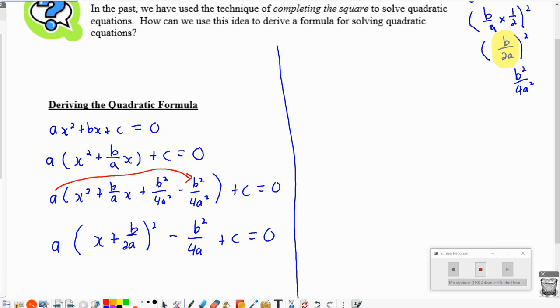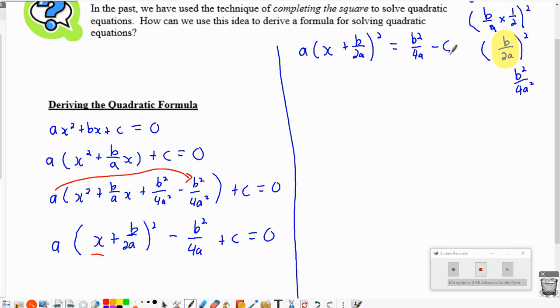The next step, though, was, notice, there's only one type of x term here. And one of the things I was trying to talk about in last lesson was once you only have one type of x, you can start to isolate. So here's me starting to isolate. Brought those two terms over.